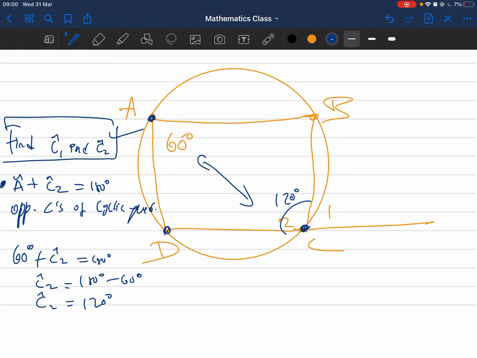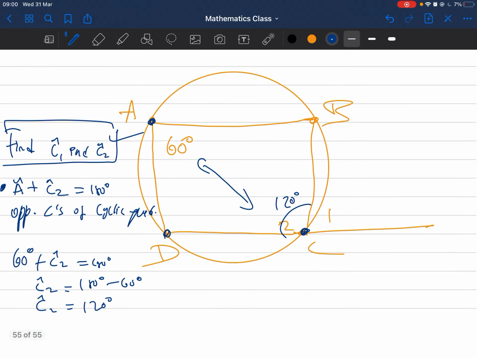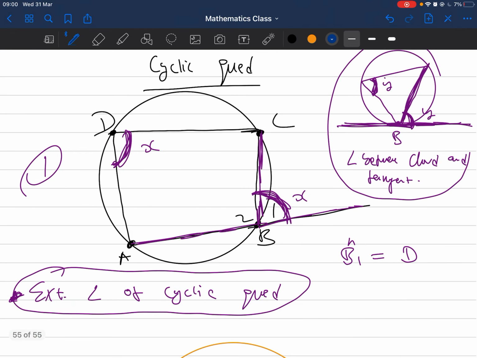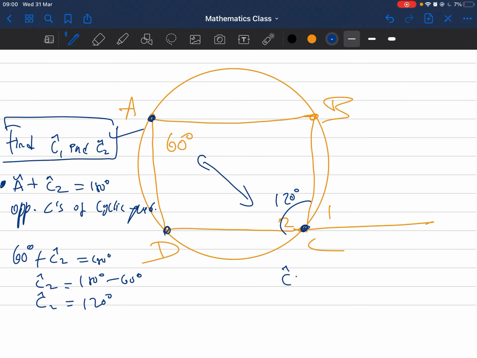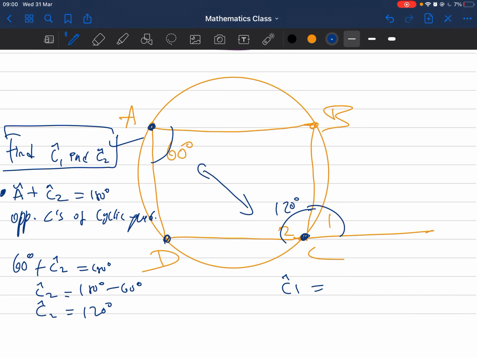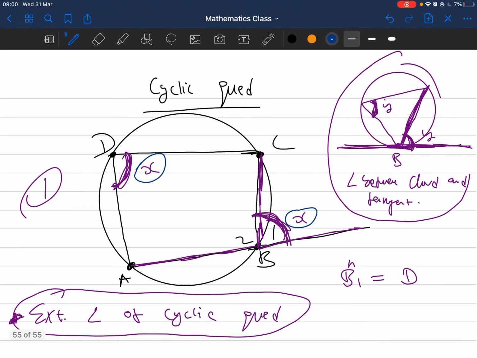Now let's look at C1. For C1, I want to use this theorem here. I know there's another way of doing this, but I want us to use this theorem, the exterior angle of a cyclic quad. This and this are equal. So C1, using that theorem, this angle is equal to that angle, so it's equal to 60 degrees.